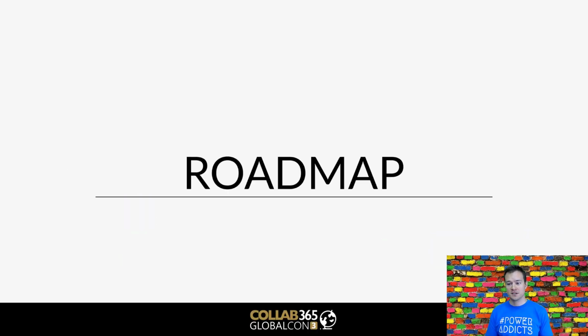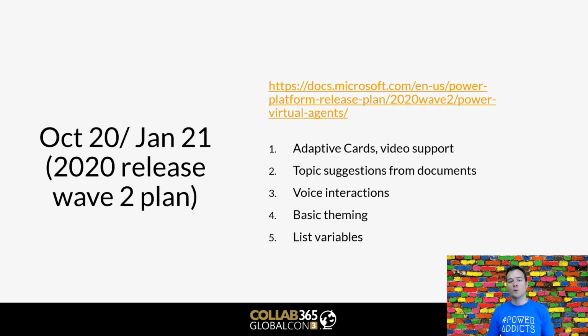I'll jump to the roadmap and what we can expect in the nearest future. Right now, we are seeing the releases coming from the 2020 release wave 1 plan, which is meant to end somewhere around August, September.